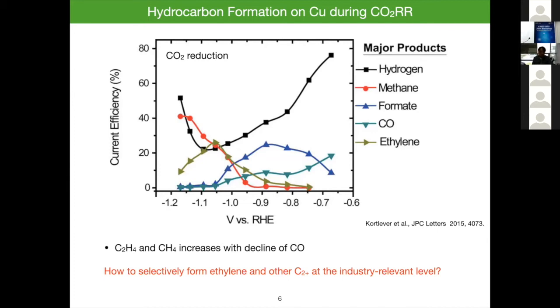After that, at even higher overpotential, methane begins to dominate. So the question is, if you want to produce ethylene and ethanol, how are you going to selectively control these various products?